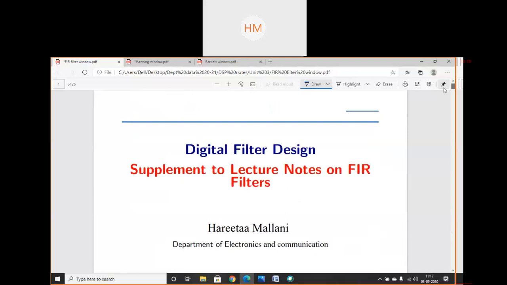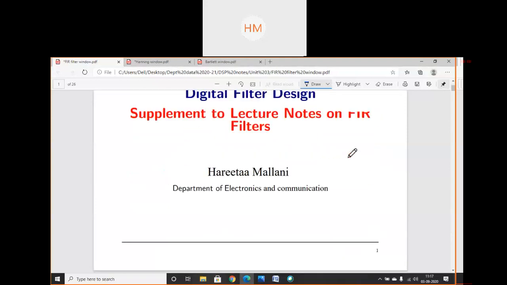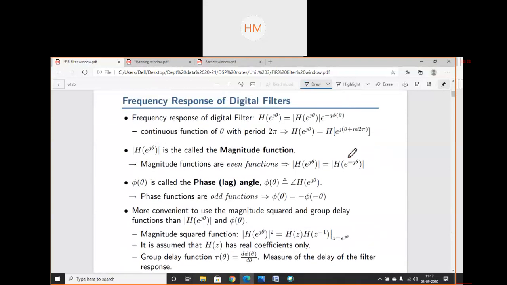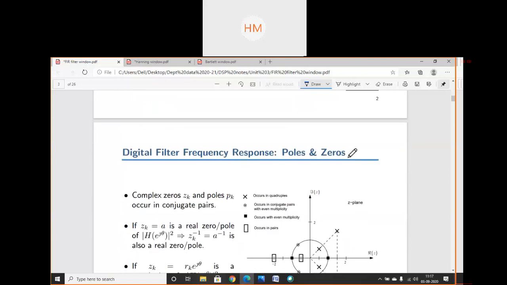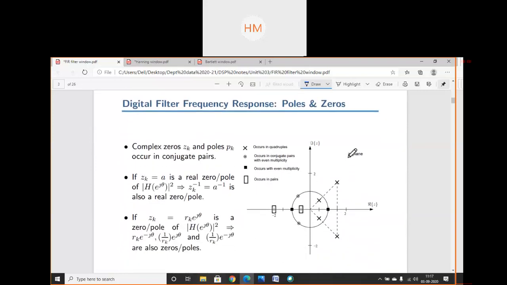So just a brief intro of FIR filter, magnitude function, phase lag function. This we have discussed, how to find magnitude and phase. We all know what do you mean by poles and zero plot. It is plotted on Z plane, real and imaginary Z plane.